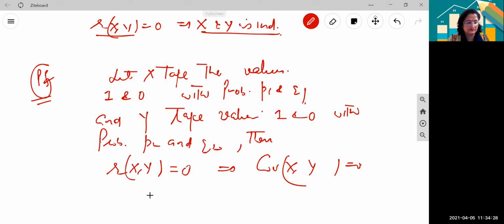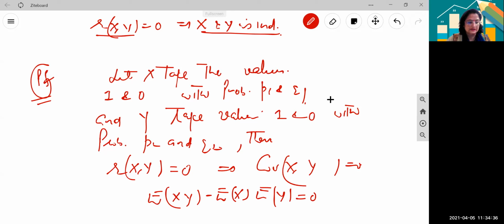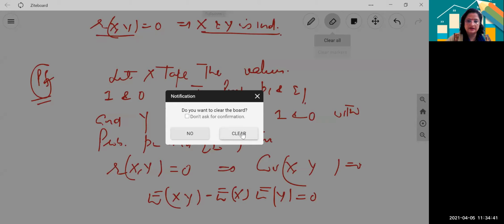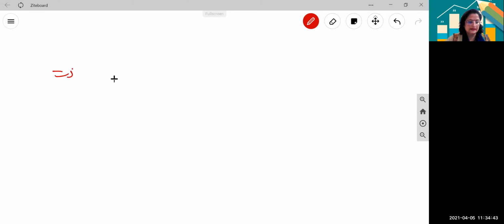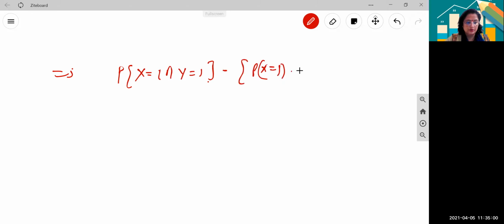Substitute the value of covariance between x and y. So this is expected of xy minus expected of x into expected of y is equal to 0, right? So you will put the value here, that is probability of x is equal to 1 intersection y is equal to 1, minus probability of x is equal to 1 into probability of y is equal to 1.